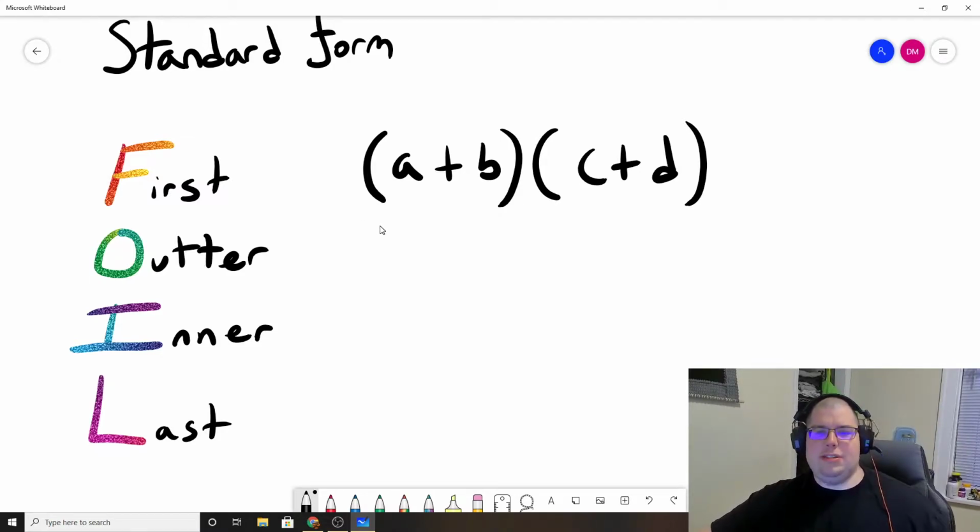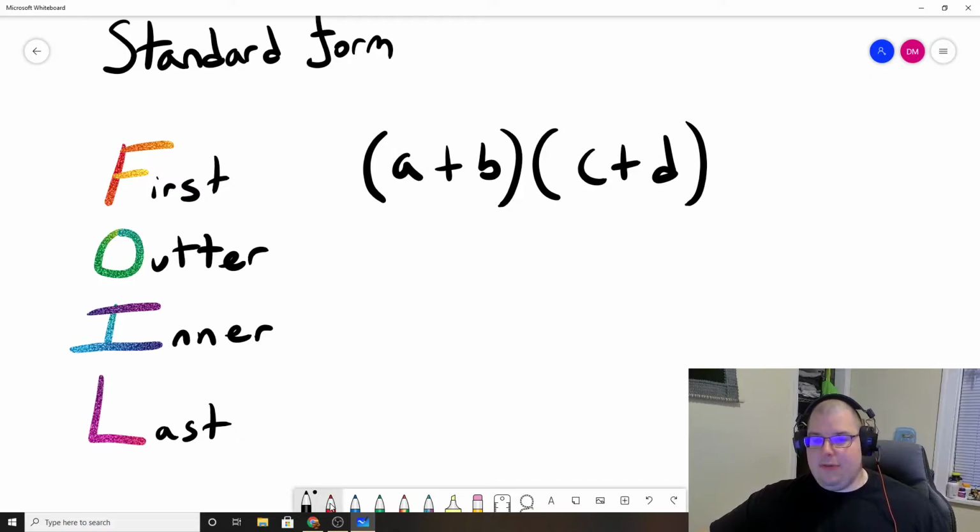So I'm going to do an example of using FOIL on two binomial polynomials that would be in factored form, and then I'm going to go one step further, and I'm going to take a trinomial and multiply that trinomial by a binomial. So a 3-term polynomial times a 2-term polynomial, for you guys to see more of an example of what that would look like.